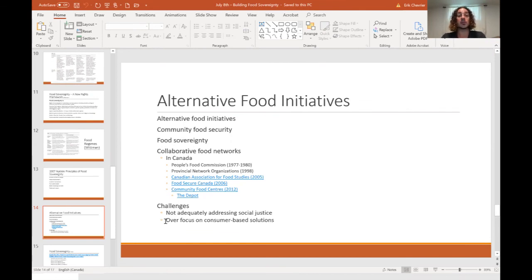For example, you might have locally based fair trade coffee, doing direct trade or fair trade and actually providing better labor conditions for people in the global south, but it might be very expensive, might not cater to local communities, and might be more of a bourgeois solution, catering to the rich class in Canada or local environments. So that doesn't always amount to larger system changes.